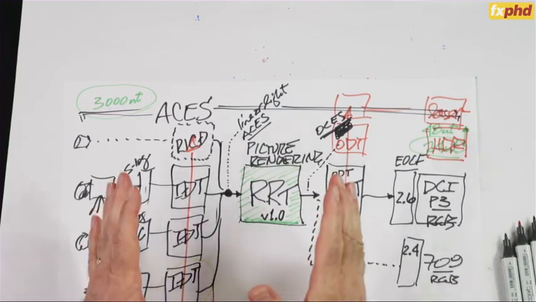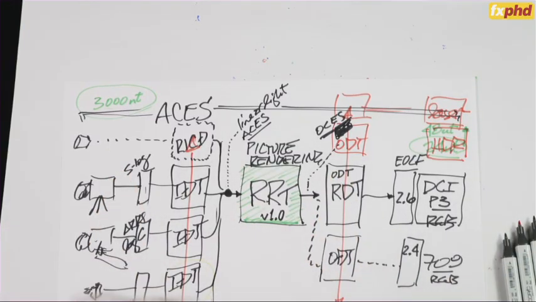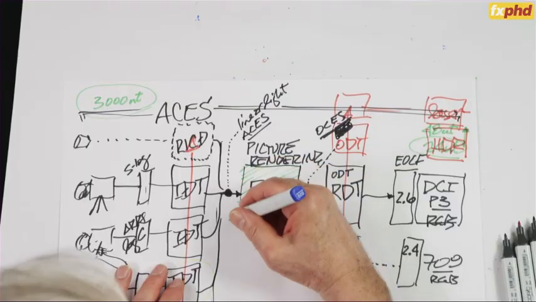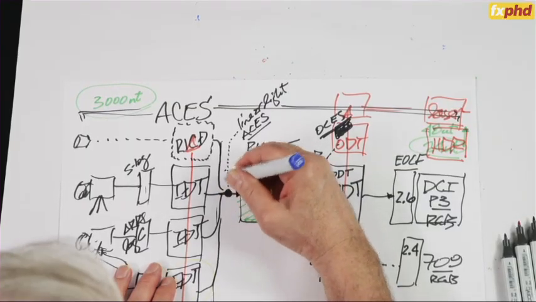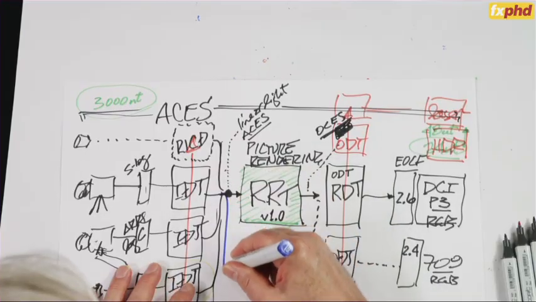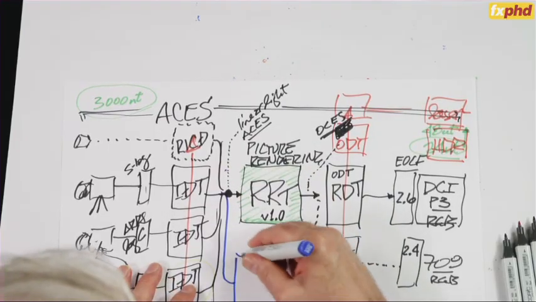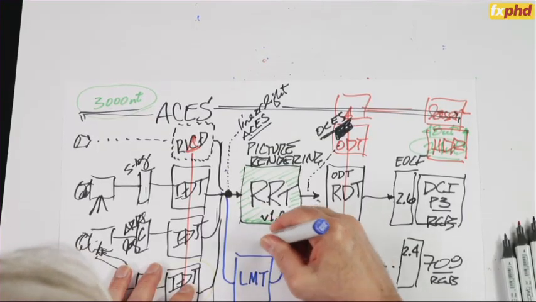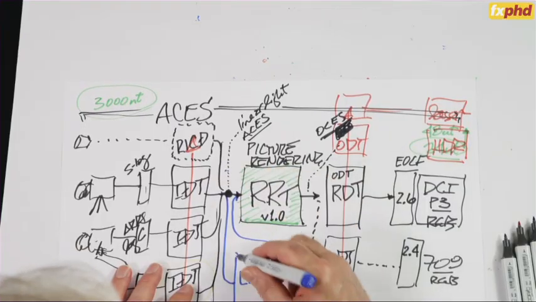Now, what's missing from this diagram is art or look or style. So the final piece of the ACES block diagram drops into this place in the diagram. Let's come out of here, go through the look modification transform, and then go back in to the RRT.